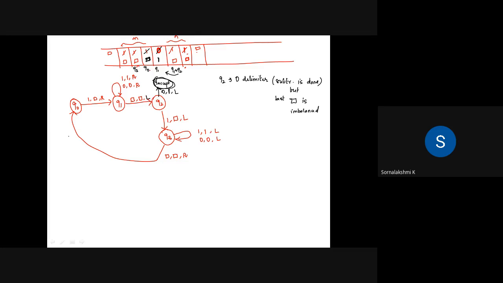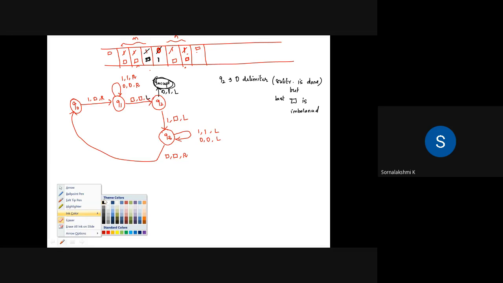So for the whole case that we have seen so far, this whole diagram is for m greater than or equal to n.